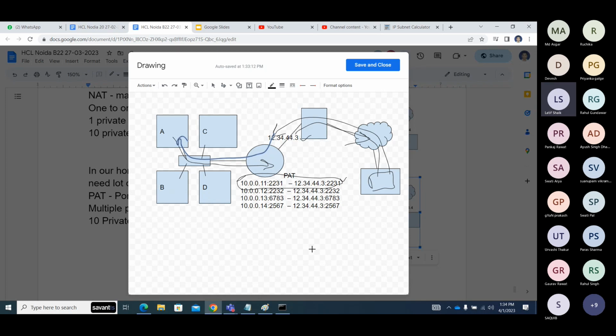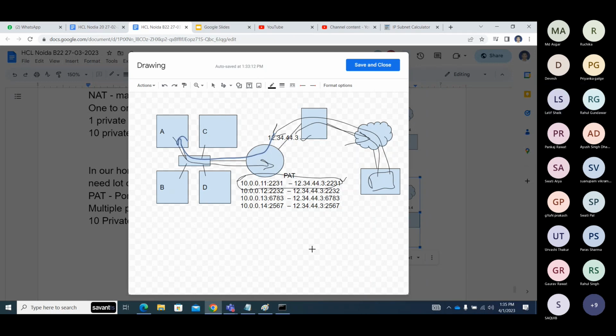With that IP address, how many devices are there here? 4 devices with the same public IP address. Understand? To whom will it give?